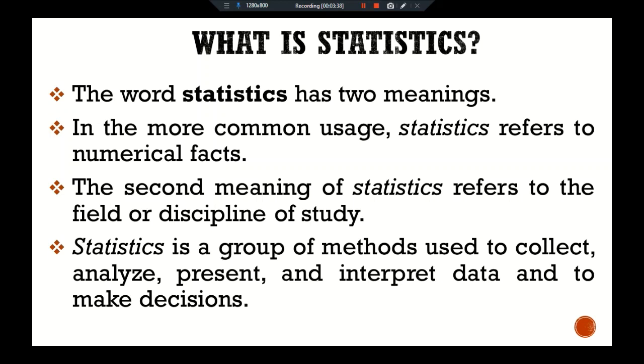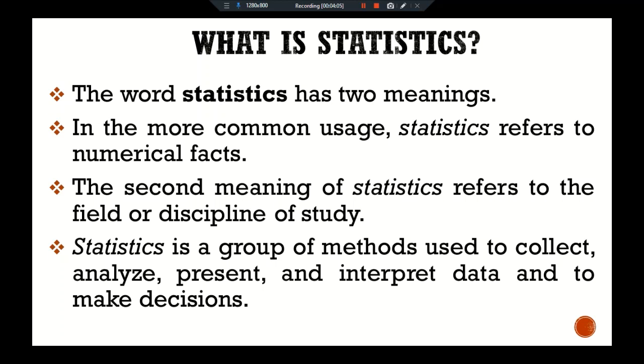So overall, the definition of statistics is a group of methods used to collect, analyze, present and interpret data and to make decisions. Dear scholars, every day we make decisions that may be personal, business related or of some other kind.